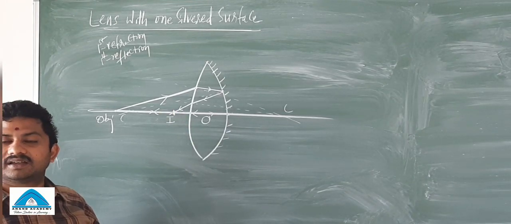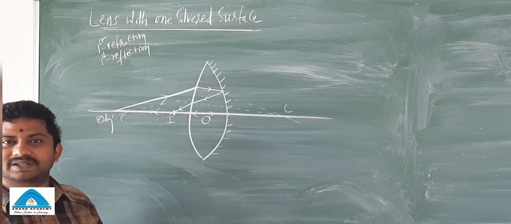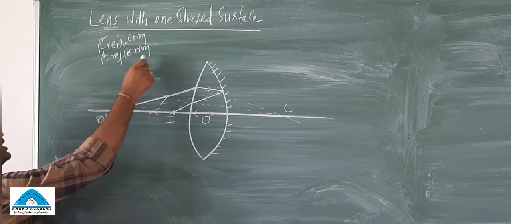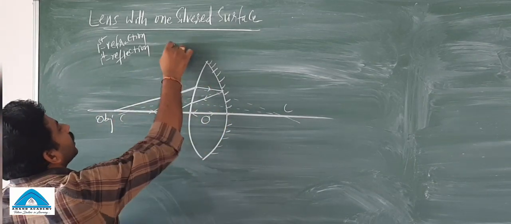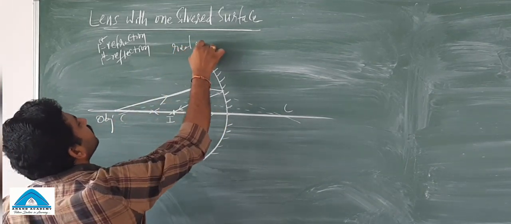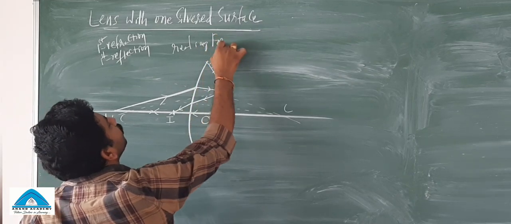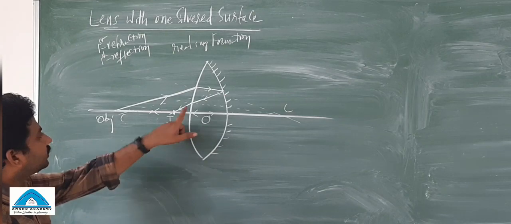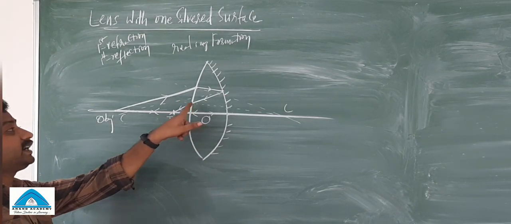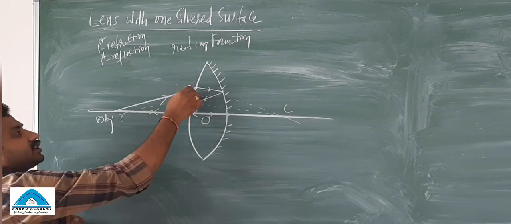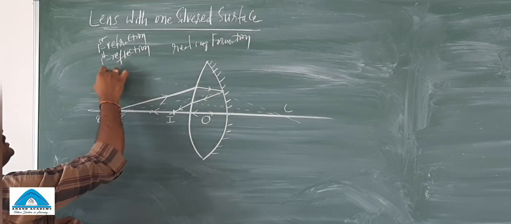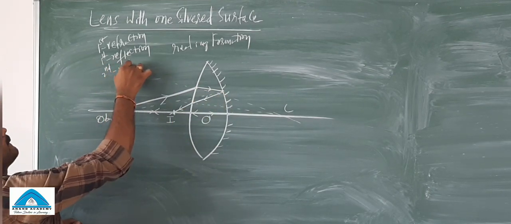Then real image formation takes place, right? So the real image formation took place here, and the first refraction, then first reflection, and second refraction took place here.